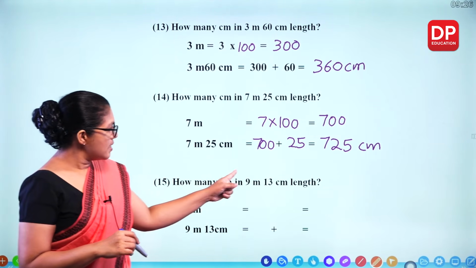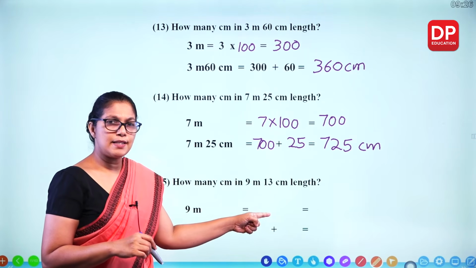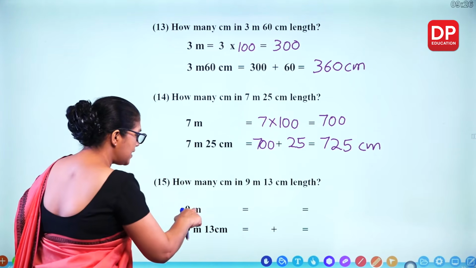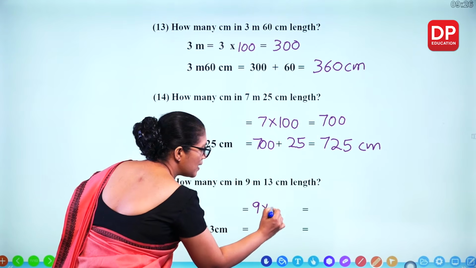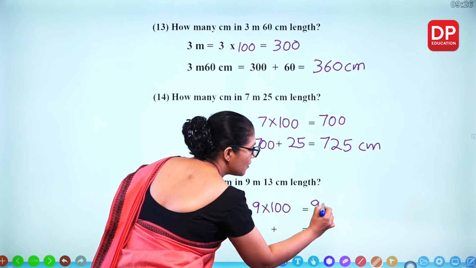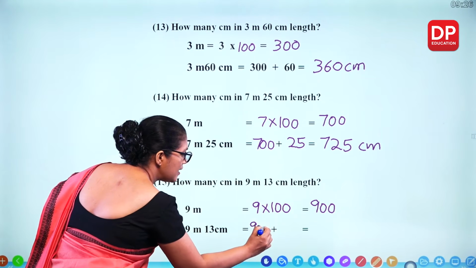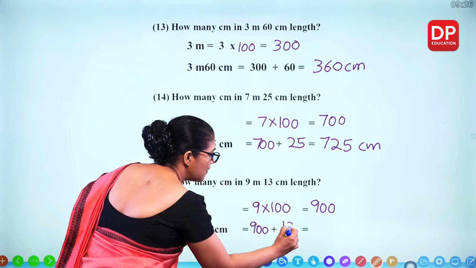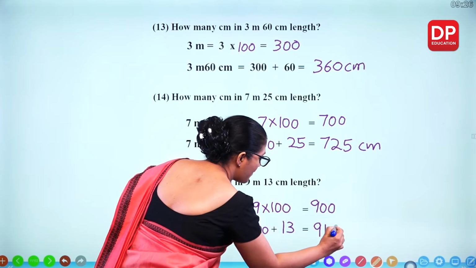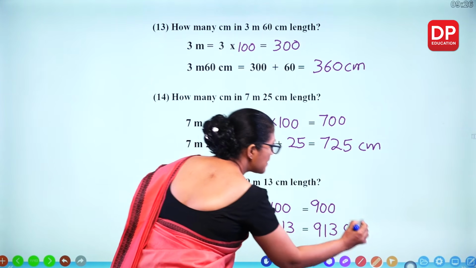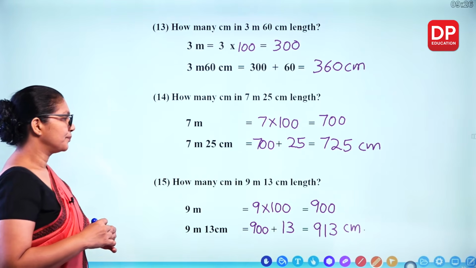Similar to that question, 9 meters and 13 centimeters. So we can convert 9 meters to centimeters first. Multiply by 100. You get 900 centimeters. So 900 and the other 13, when you add it, 913 centimeters.